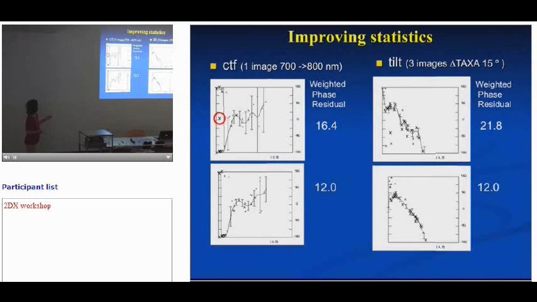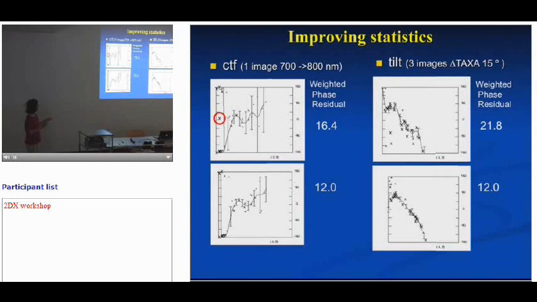In this case, I have one image that's off by 100 nanometers. Once I found that out, notice that this is the one that's closer to the node, so I can make a small adjustment and get it to the other side of the node of the CTF.